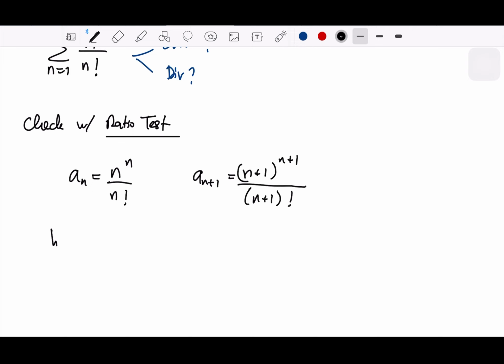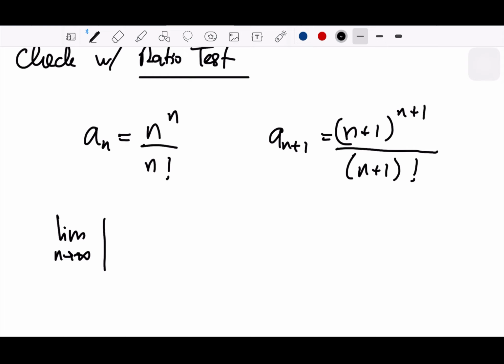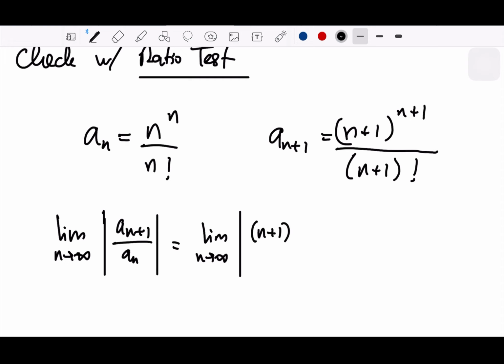So we start from the limit and take the absolute value. And then we can exchange the n plus 1 and n plus 1.